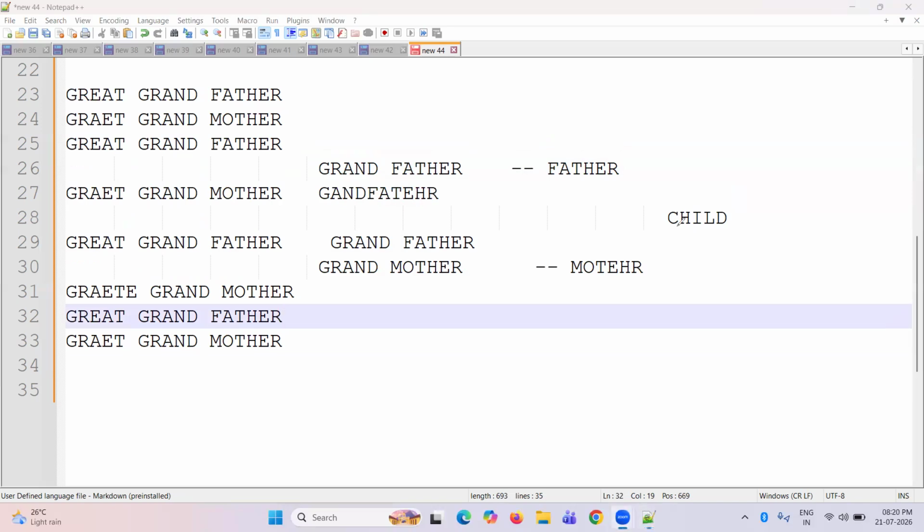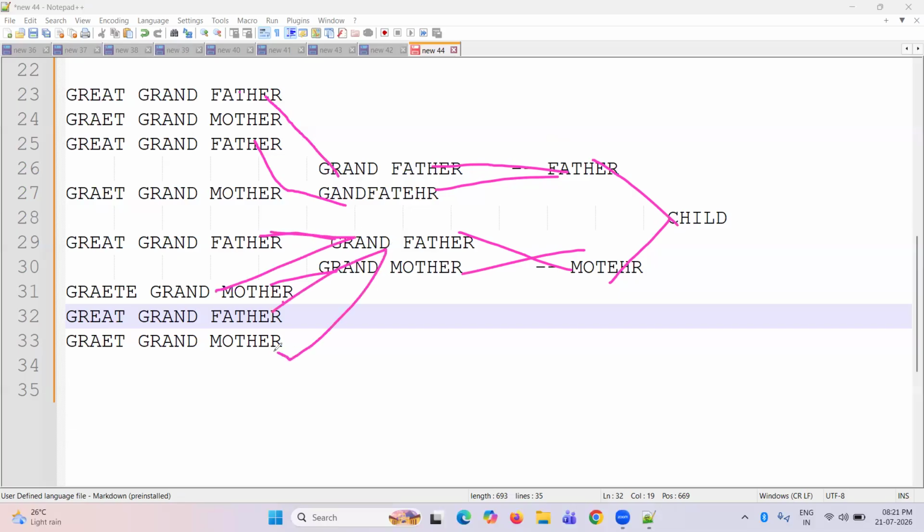This child has a father and a mother, and her father comes from grandfather and grandmother, her mother from grandfather, grandmother. And this grandfather comes from grandfather, grandmother. So both come from this great grandfather, great grandmother, great great, and again great mother and father.